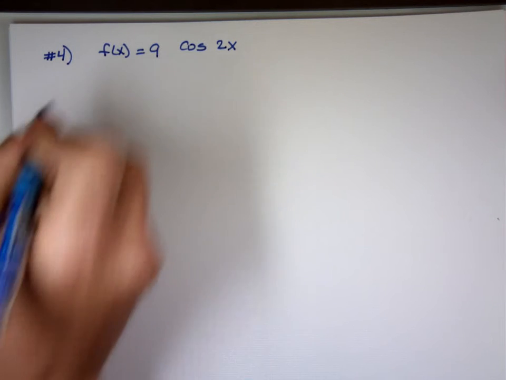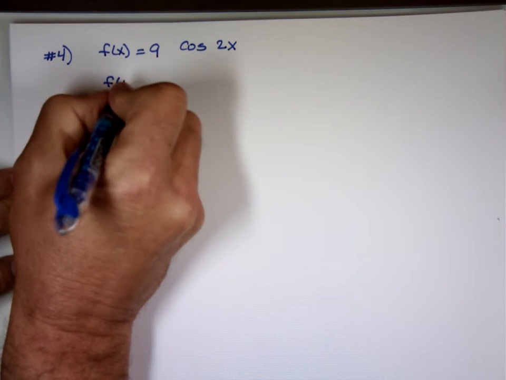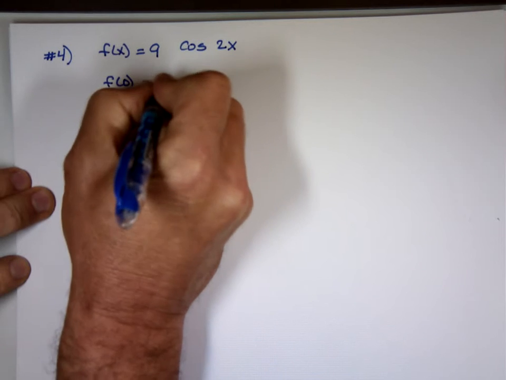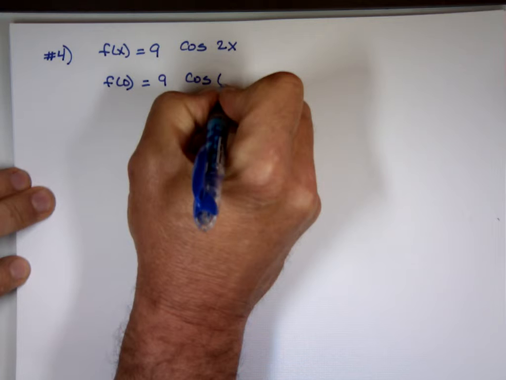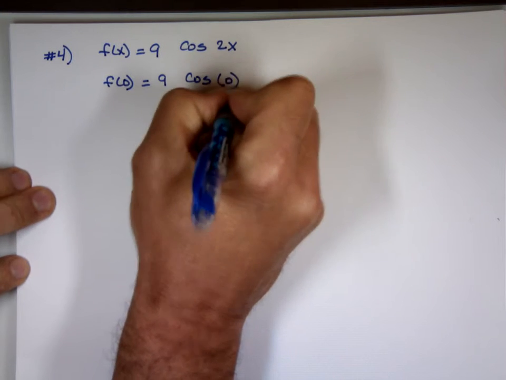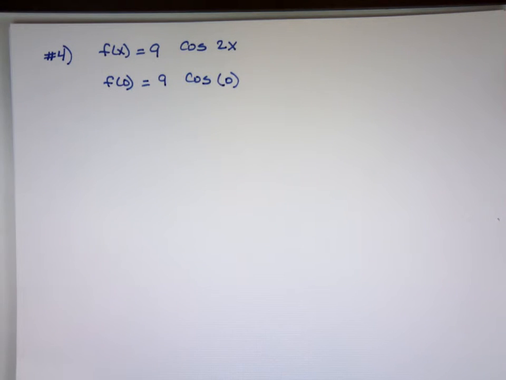The question, what is f of 0? 9 cosine, what is 2 times 0? 0. X is 0. Now you need to have the unit circle handy somewhere.